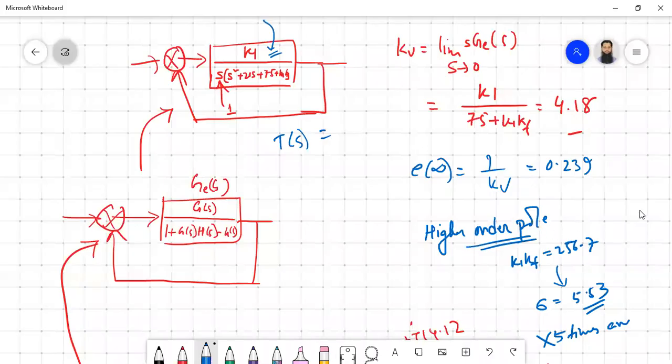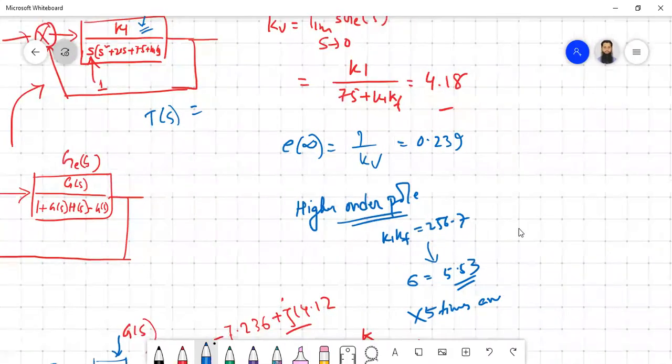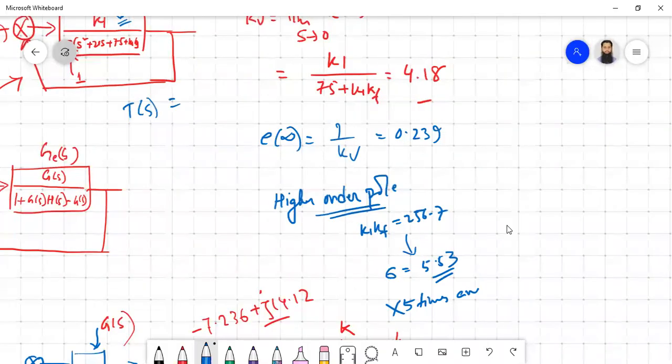So even though we have done all the calculation, we cannot say for sure that the result that we have achieved will actually be satisfied without the simulation. So you have to draw the conclusion that these are the results after doing the calculation.